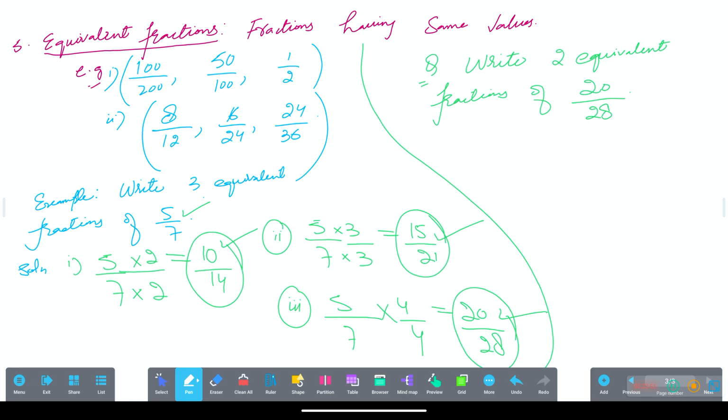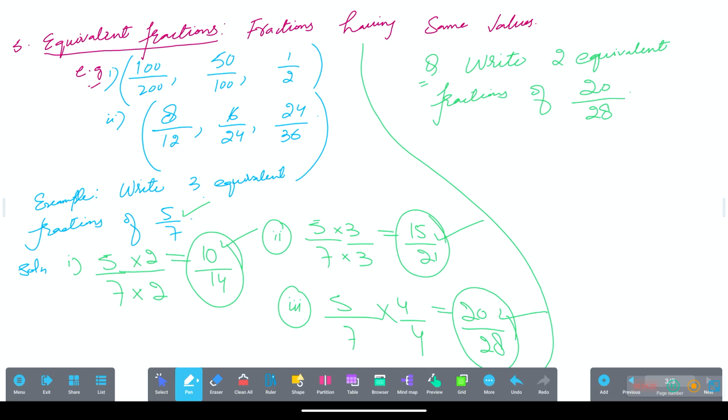But here we have taken the case of multiplication. It is better for us to take here the case of division. Sir, how will we know when we have to do multiplication or division? That will be given in the question. The question will tell whether you have to find equivalent fractions by multiplication or by division. If it's multiplication, you have to use this method. If it is division, then whatever I will pose the answer here, you have to do that.